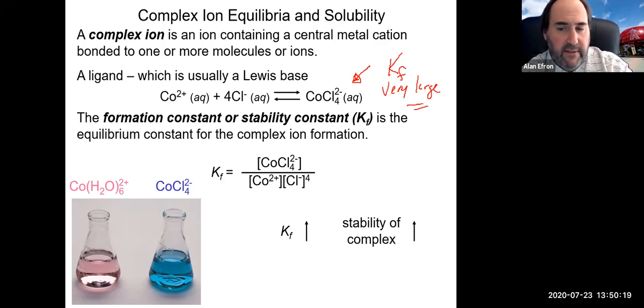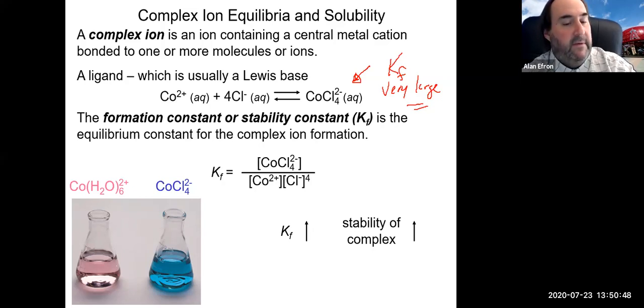It's very similar to how the KSP, for the most part, was super small numbers, right? Which meant that they mostly were insoluble and we had reactants. Our KF values are typically super large, which means that typically speaking, we will want the complex ion being formed. So this will also explain some of the things that you've seen perhaps in group 1 qualitative analysis.